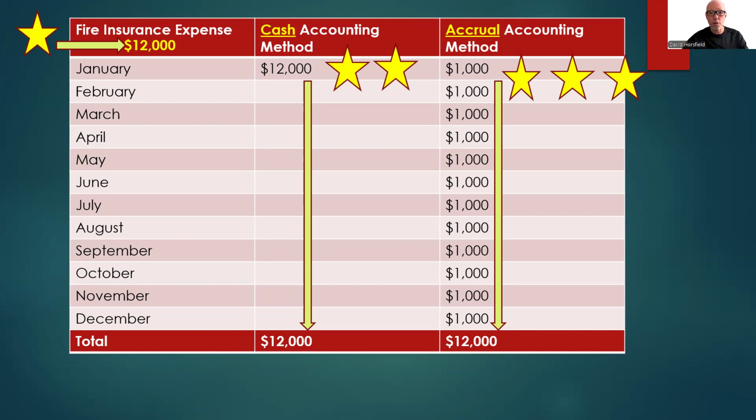The third column, follow the 3 stars, the accrual accounting method: by the end of the year, we still would have paid $12,000 for the insurance, but in $1,000 increments, just popped up in that red box. Each of those $1,000 increments needs to be an accounting adjustment made on a monthly basis to take the original payment of $12,000, which would have still occurred in January, and spread it out evenly across each month of the year. So that's the background to these adjusting entries.